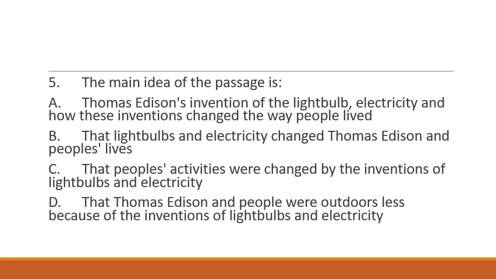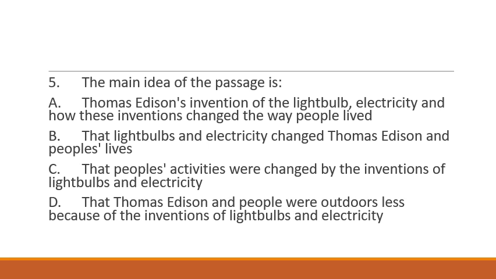Question number 5. The main idea of the passage is Thomas Edison's invention of the light bulb, electricity, and how these inventions changed the way people lived. That light bulbs and electricity changed Thomas Edison and people's lives. That people's activities were changed by the invention of the light bulb and electricity.